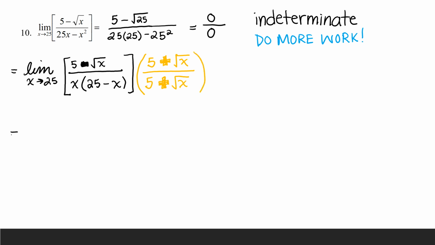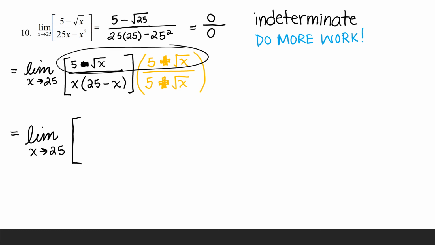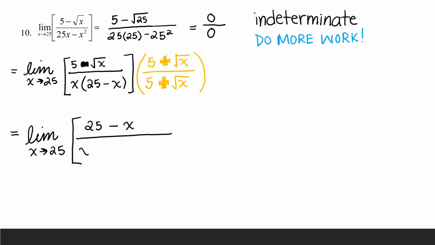So this will be equal to the limit as x approaches 25 of, well, let's use that difference of squares here. 5 squared is 25, minus the square root of x squared is x, so I have 25 minus x, over x times 25 minus x times 5 plus the square root of x. Make sure you don't lose that 5 plus the square root of x. That is a common mistake that I will see.